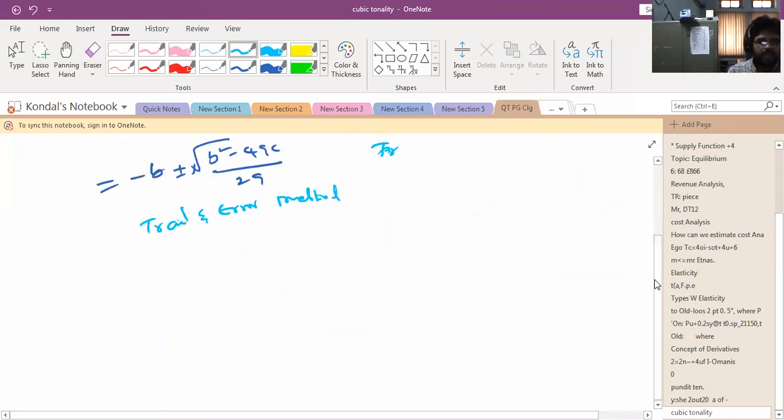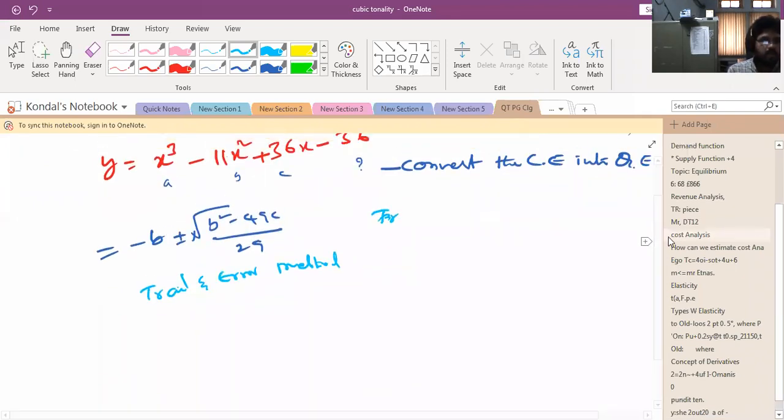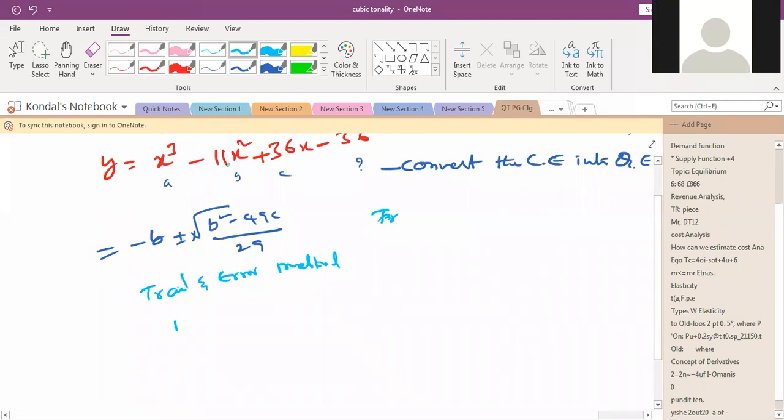As we know, here the x value, I am saying x value, not x power value, should be considered 1. Then here minus 11, here 36, and here minus 36.